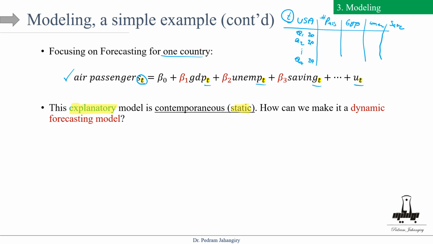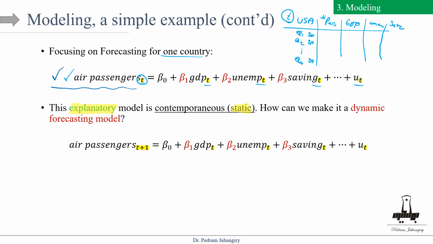But for a forecasting task, we need to make it a dynamic forecasting model, right? How can we do that? I want you to pause the video and think about it. How can I change this model into a forecasting one? All right, so we can do something like this. We can say airline passenger at t+1 using the same equation.